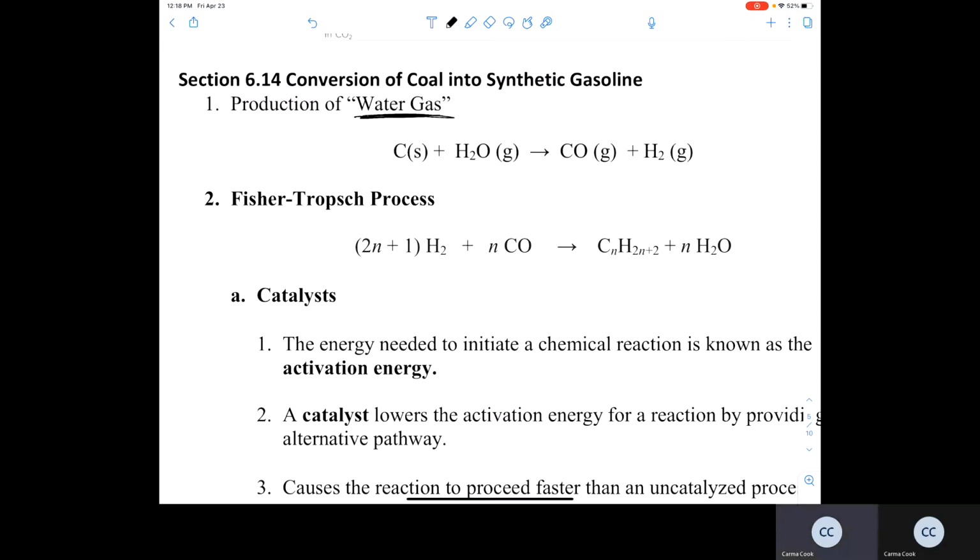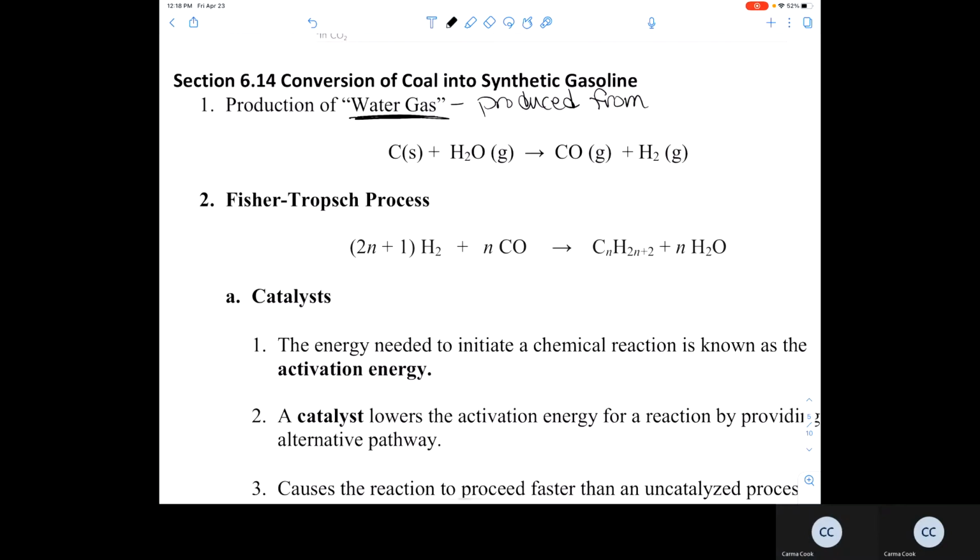Water gas is produced from coal. It's considered like liquefied coal. That's why they call it water gas, because it's a liquid. So they're taking a solid coal and converting it into a liquid fuel called water gas.